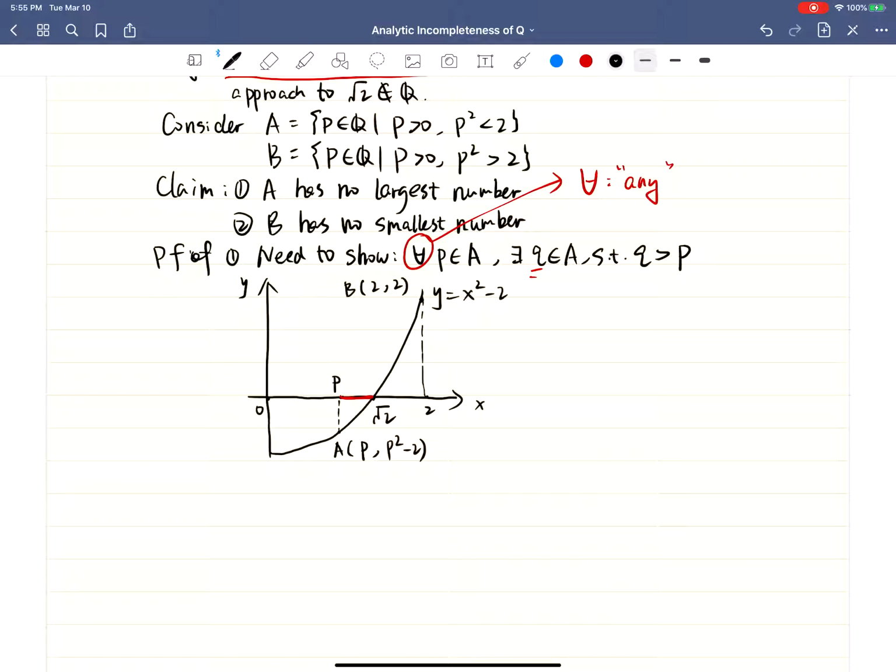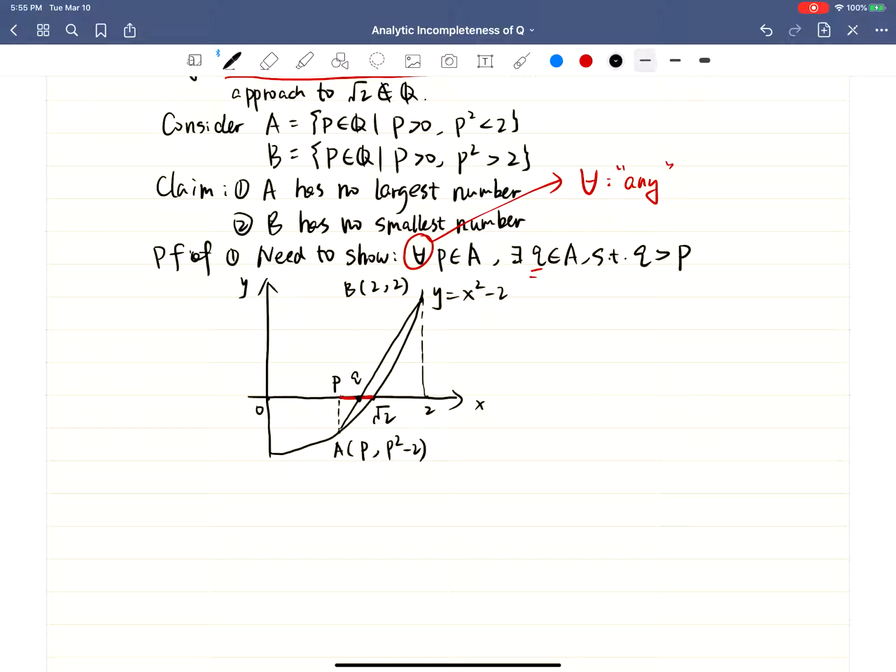So, and then we connect A and B, and the x-intercept of the line AB is exactly the Q we're looking for. Okay, so how do we get that Q? Well, since we know the coordinates of A and B, and we know the equation for the line AB, right?